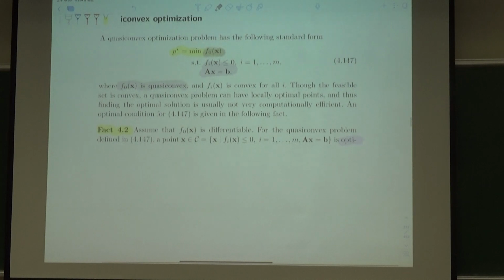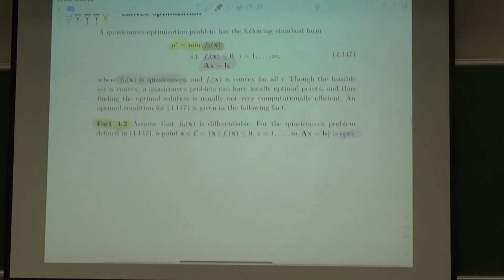We don't have an optimality condition. We don't have the optimality criterion, which is an if and only if condition. It's only a sufficient condition. This is remark 4.2.